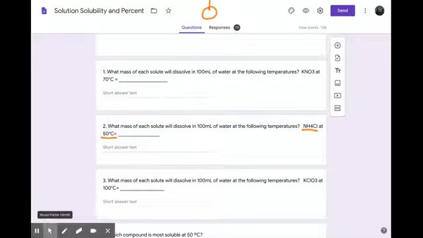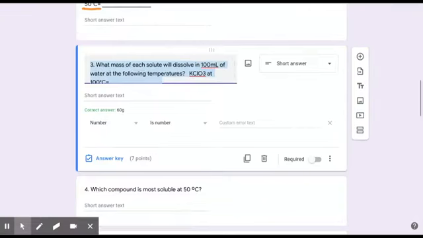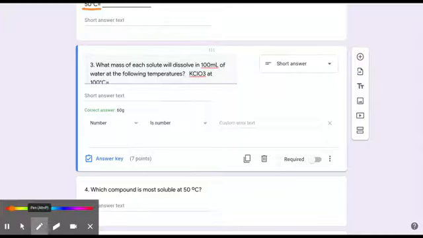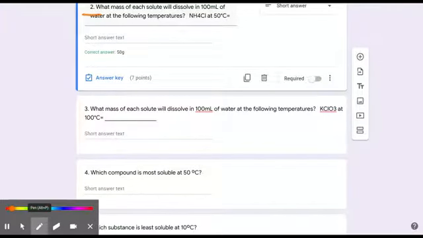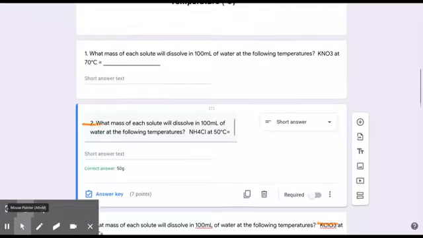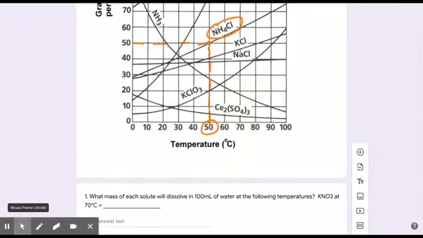Next, same thing, but a different compound, which is potassium chlorate at 100 degrees Celsius. So let's find it. 100 degrees Celsius right here.